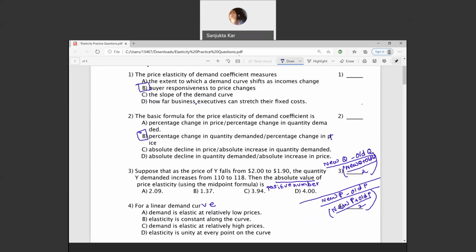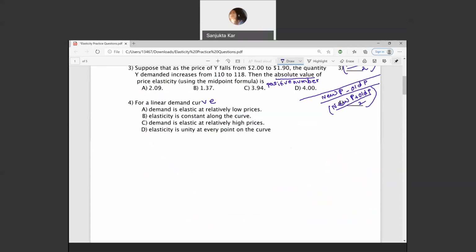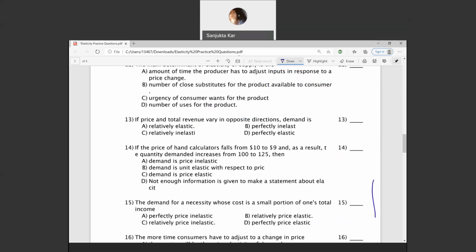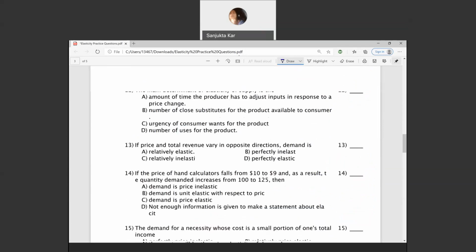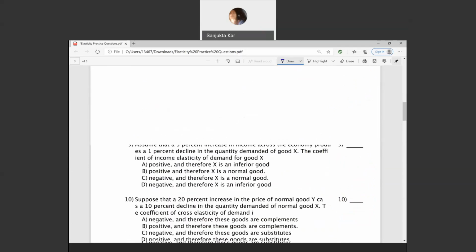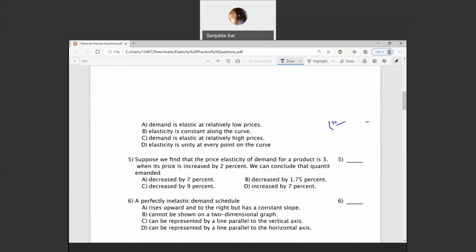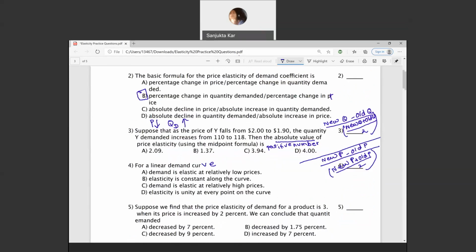The law of demand tells me when price falls, quantity demanded increases. Let me just plug in the numbers here and I will leave the calculations for you to do. I want you to practice the calculation by yourself, okay?